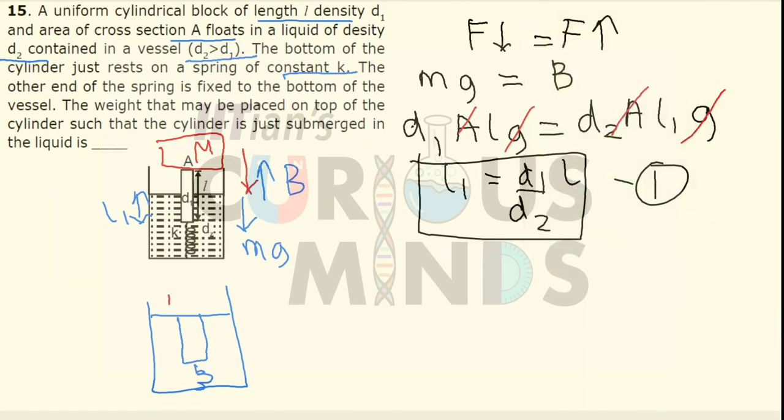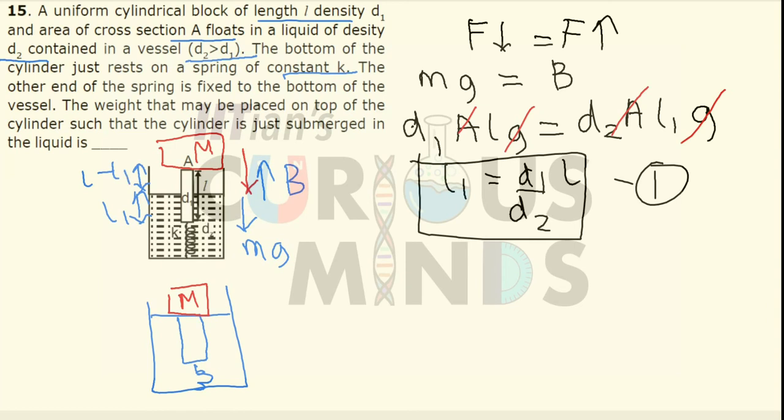The mass m is added on the top. Now the entire cylindrical block is just submerged inside the liquid. So in this case, the length over here is equal to L1, and the remaining length will be equal to L minus L1.